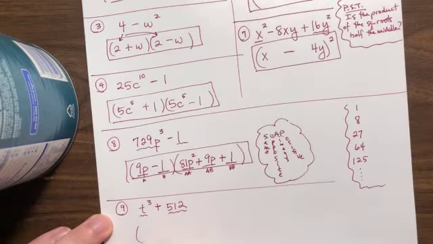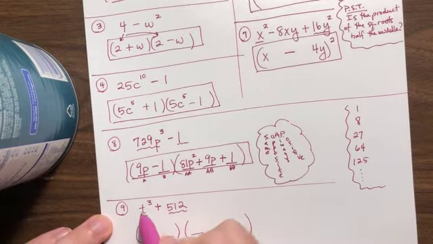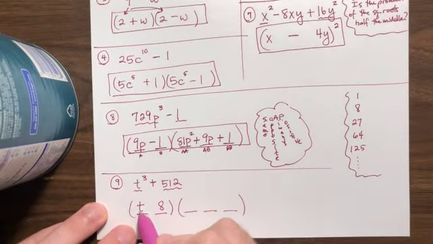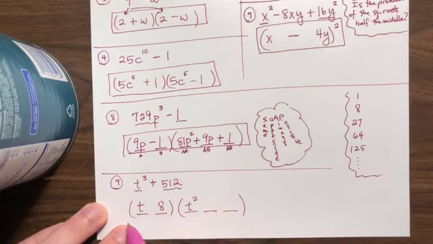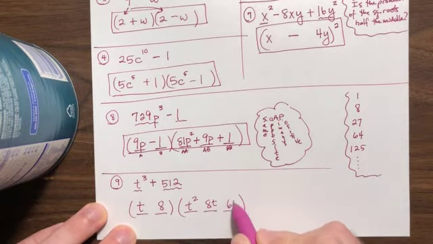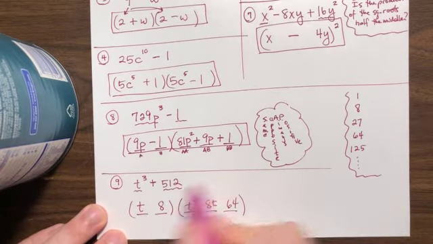So when I do the setup, 1, 2, and then 1, 2, 3. I take the cube root, I get t. I take the cube root and I get 8. And then this guy times himself, this guy times this guy, and then this guy times himself. Right? AA, AB, BB.